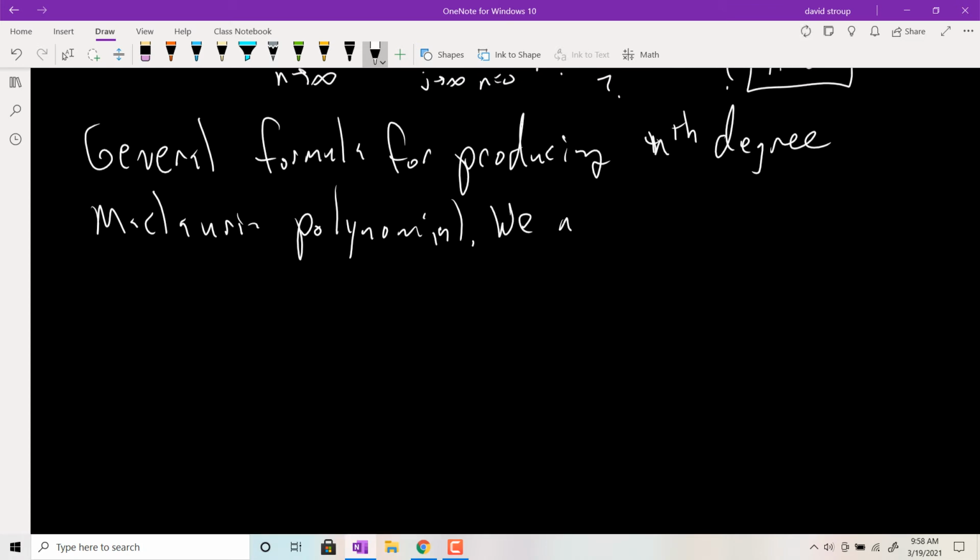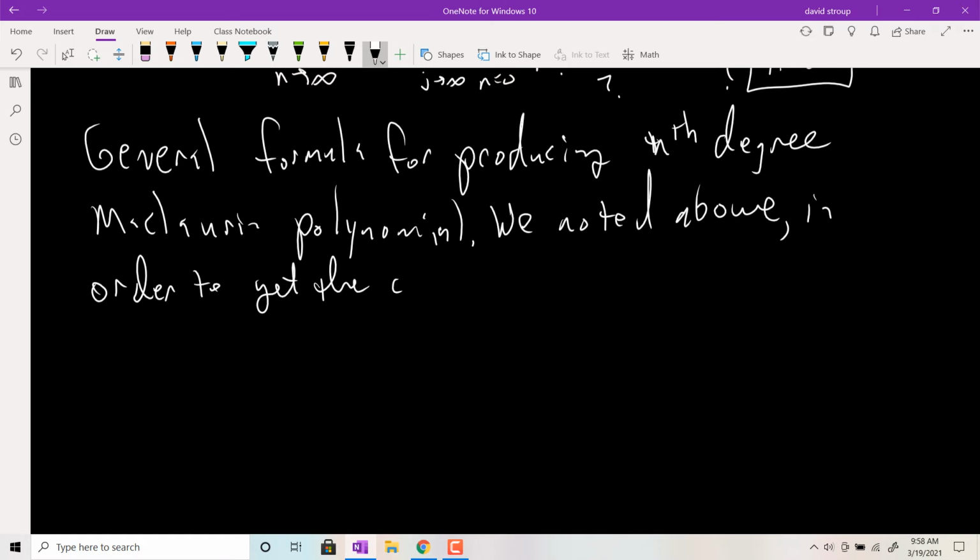So how did we build these coefficients? We noted above, in order to get the coefficients, we did the following.